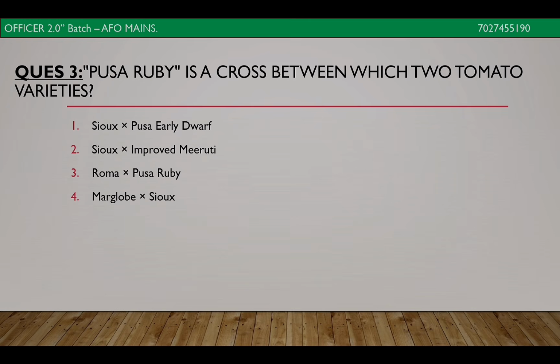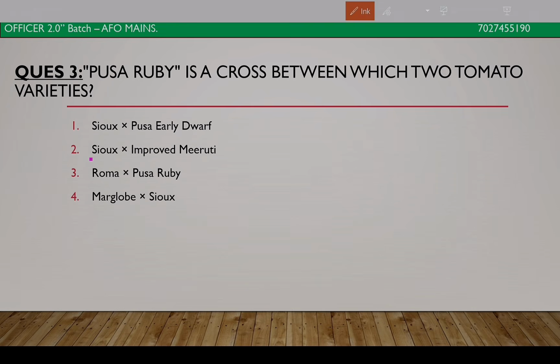Next, Pusa Ruby is a cross between which two tomato varieties? You have to remember this question, and here the answer is Sioux cross Improved Meeruti. You have to remember this other also, like Sioux plus Pusa Early Dwarf will result in Pusa Sheetal.